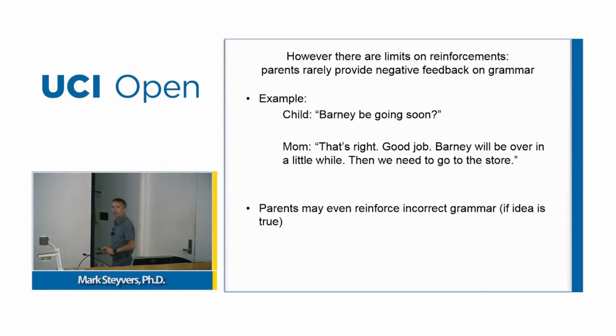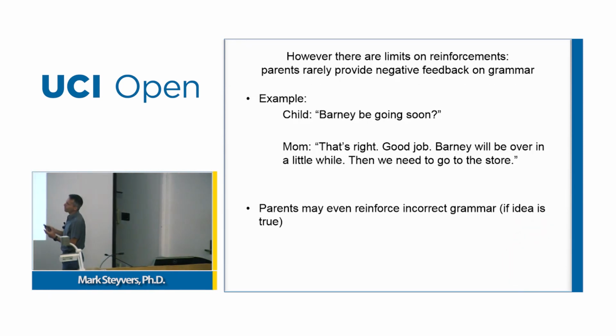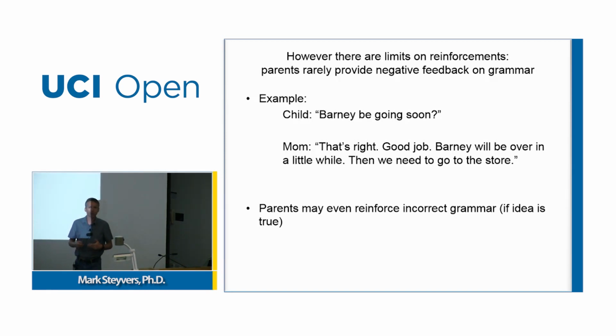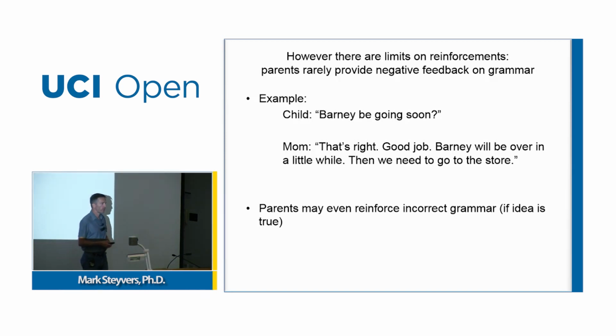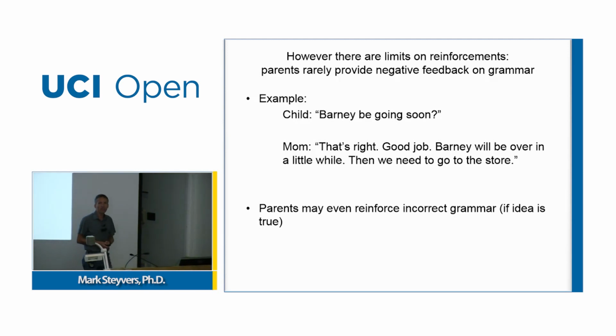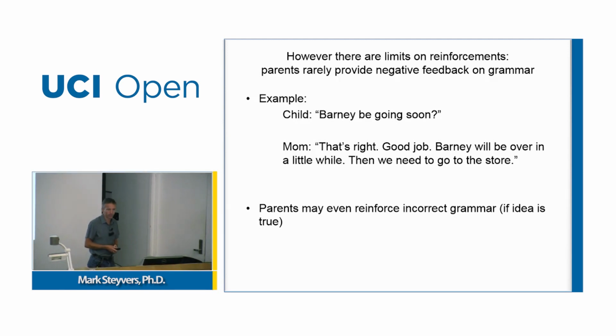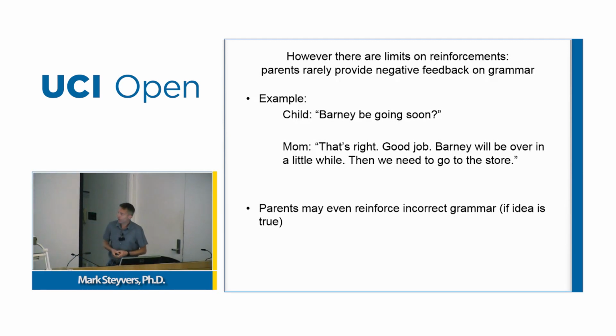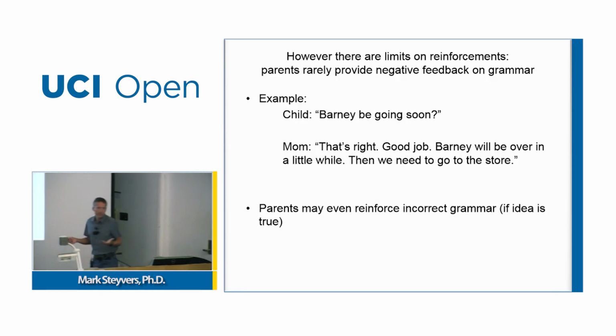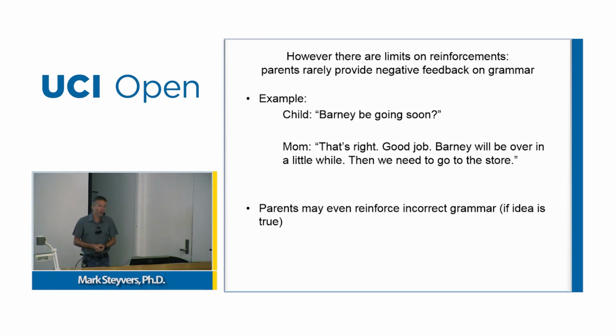But there are limits on the role of reinforcement and what you can learn from reinforcements and feedback. Parents rarely provide negative feedback on grammar. So if the child says, Barney be going soon, and makes a grammatical mistake, then the mother, in this case, might say, oh, that's right, good job, Barney will be over in a little while, then we need to go to the store.